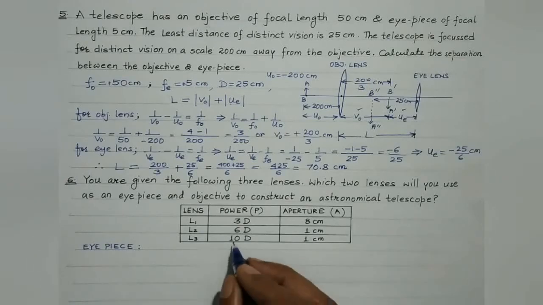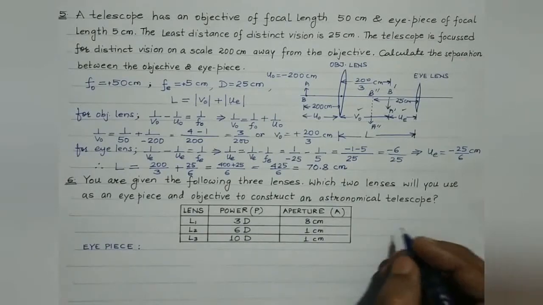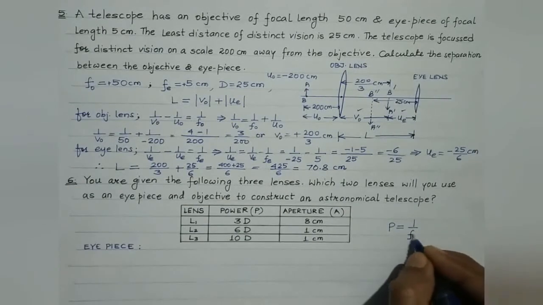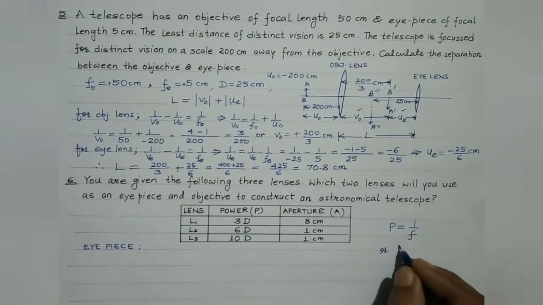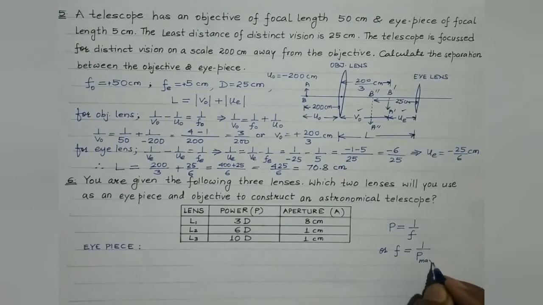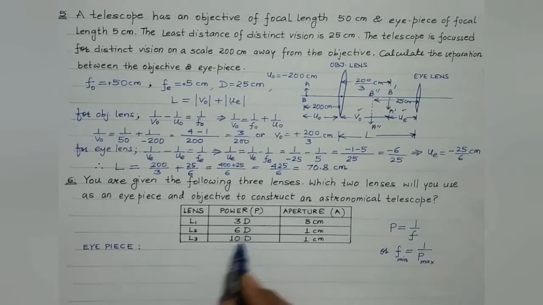So here the power is given. Now we are already aware that power is the reciprocal of focal length in meters, or focal length is the reciprocal of the power. So if the power is maximum, then its focal length would be minimum. So here lens L3 has got maximum power. So for lens L3 the focal length is minimum.